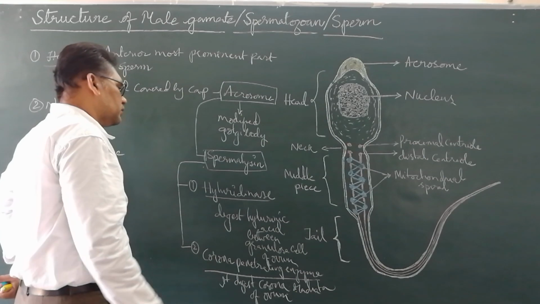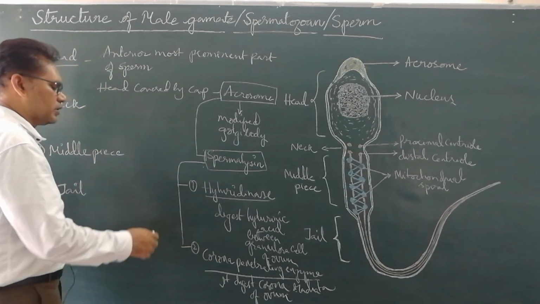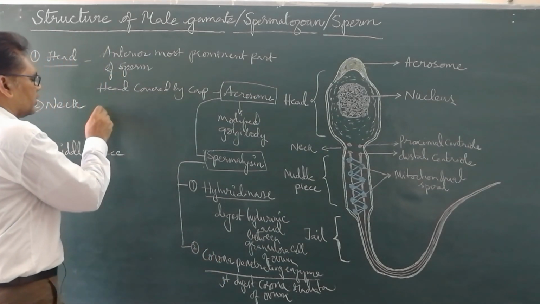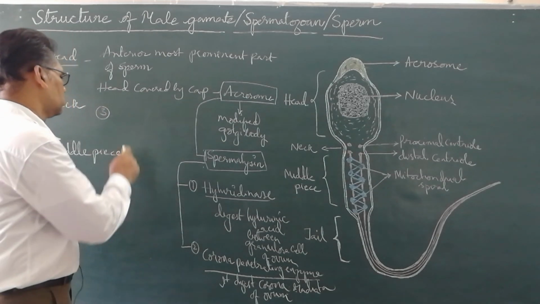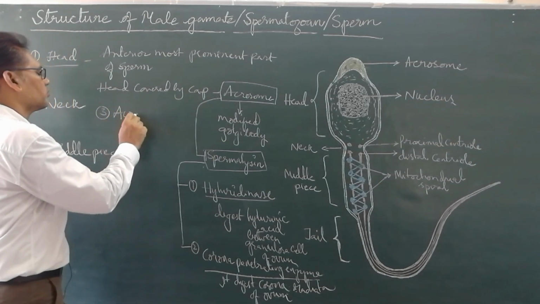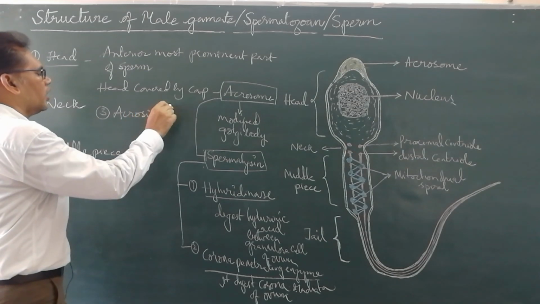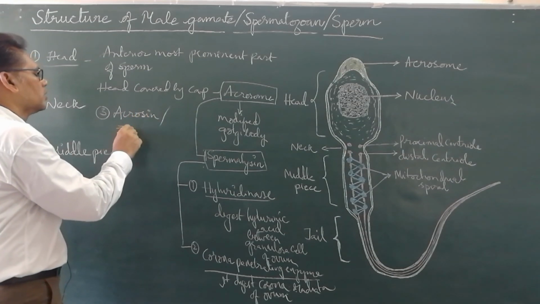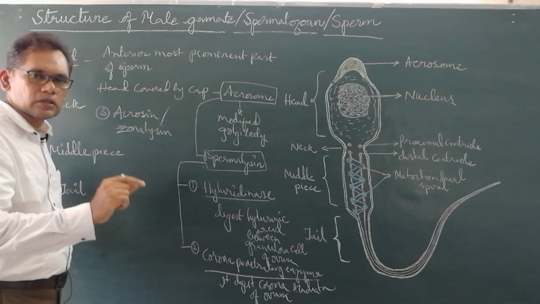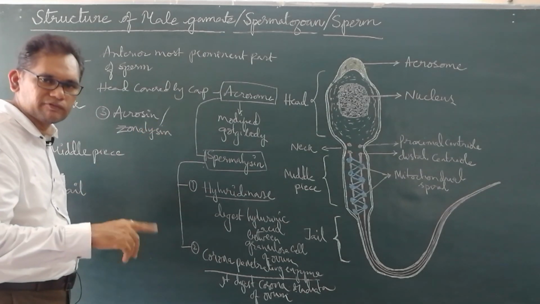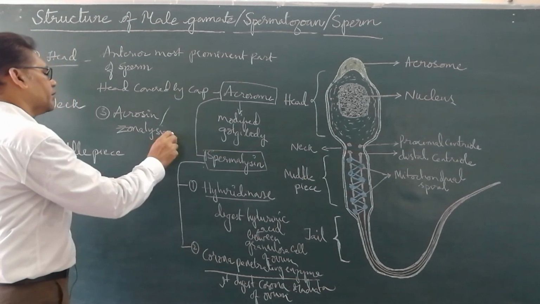Then the other enzyme is acrosin, or zonalysin. It digests the zona pellucida of the ovum.